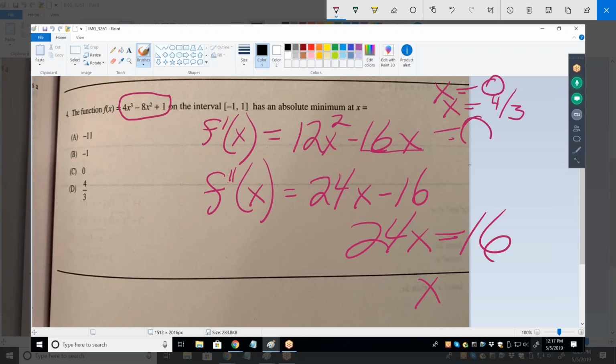Which means x is 16/24ths, or 2/3. However, we don't really want to solve for x there. Take that back. What we want to do is plug in the two x's we have.